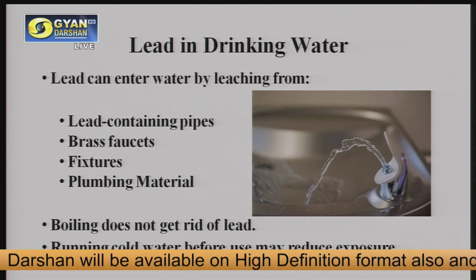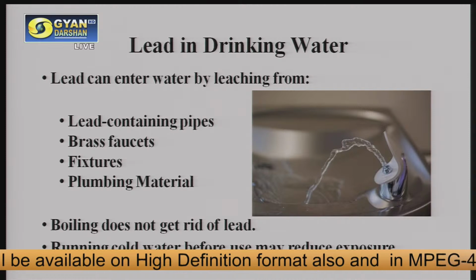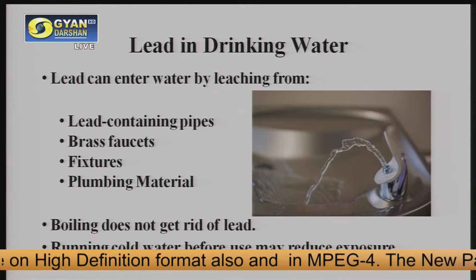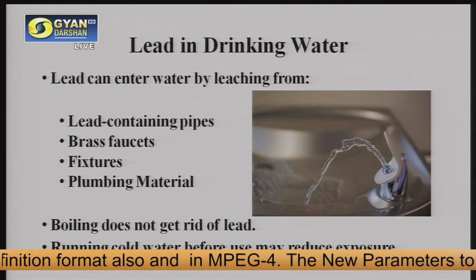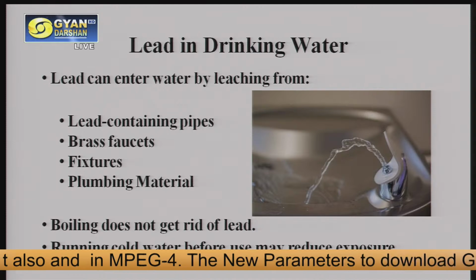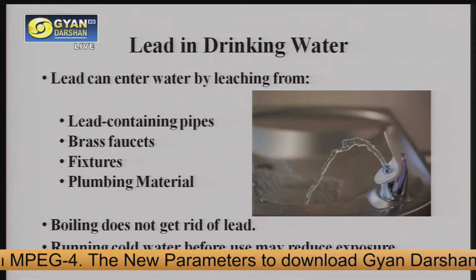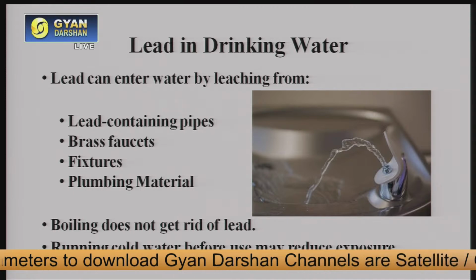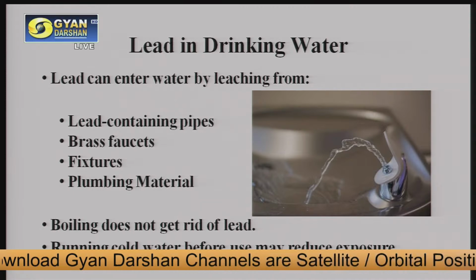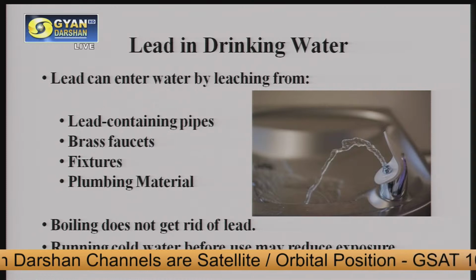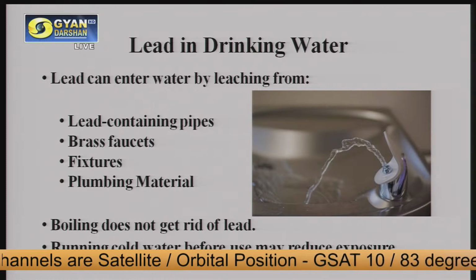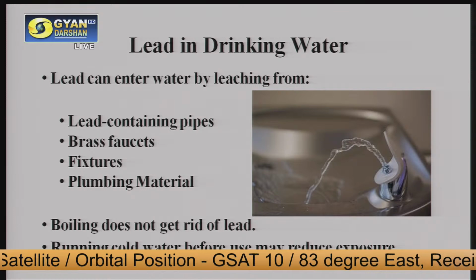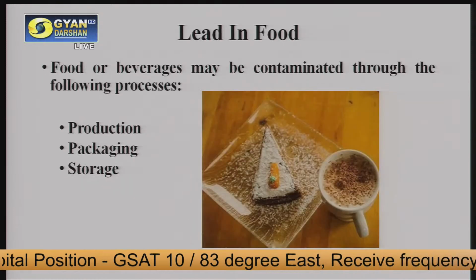A major problem with lead is that we also tend to boil the water to get rid of any pollutants or microbial content in the water, but boiling does not get rid of the lead. What can get rid of the lead is running cold water before use. So that helps in a little bit of reduction of the lead.